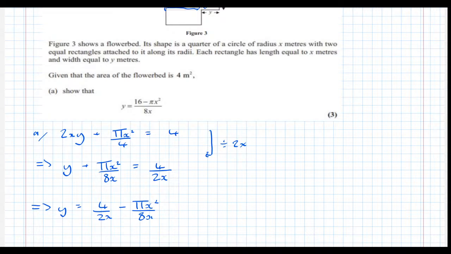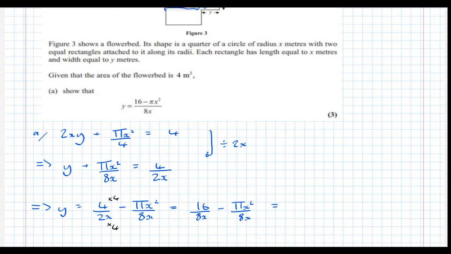and I'm ready to combine these over the same denominator now. I want both to have a denominator of 8x, so I times both the bottom and the top by 4. I get 16 over 8x minus pi x squared over 8x.